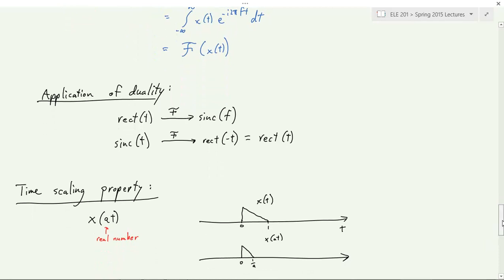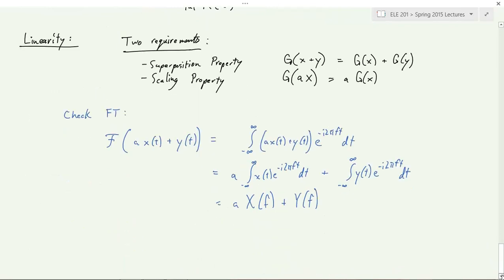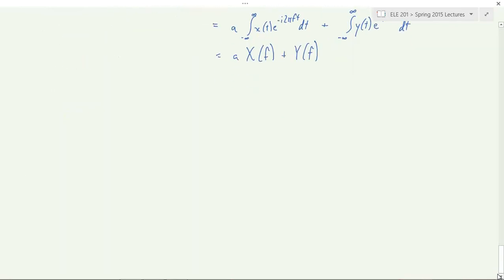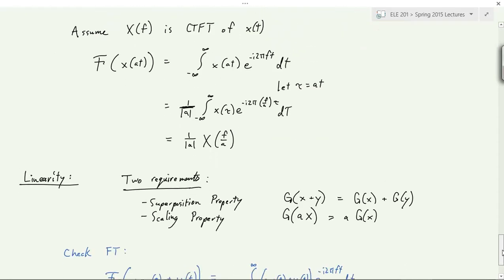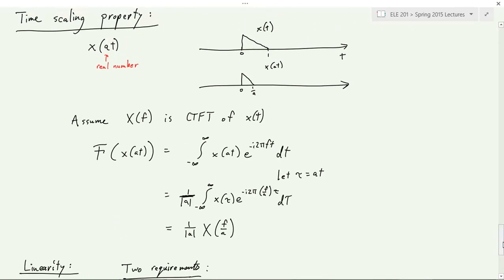What else? Well, let's go on. Another property. Oh, I remember what else I wanted to mention. We're doing these derivations for continuous time, but they actually hold for discrete time as well.